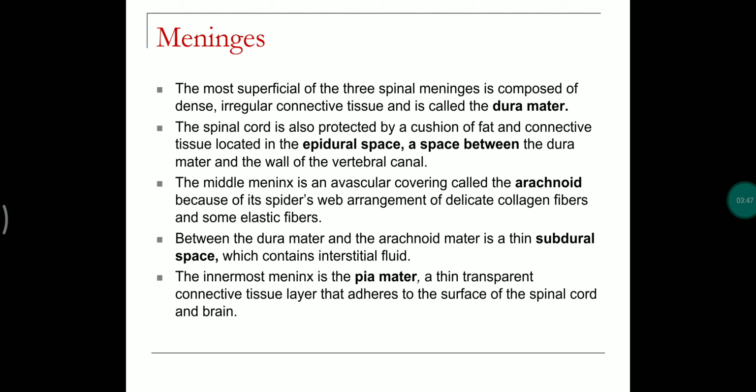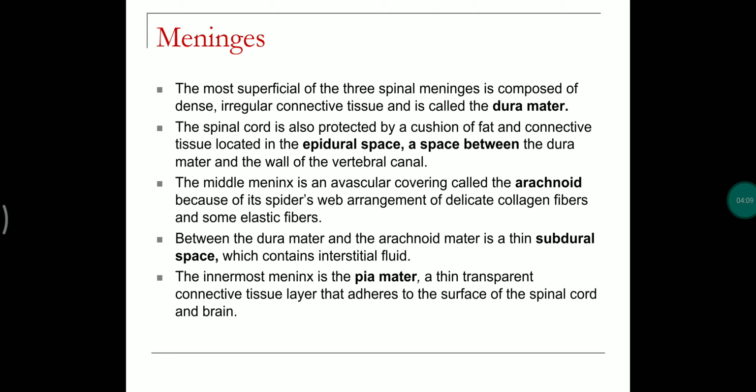The middle layer, or middle meninx, is a avascular covering, the arachnoid membrane. Because of the spider's web arrangement of its collagenous fibers, we call it the arachnoid membrane.